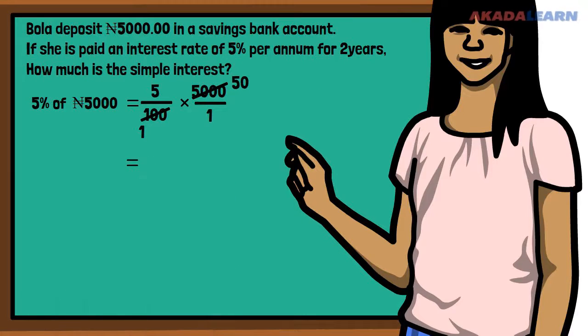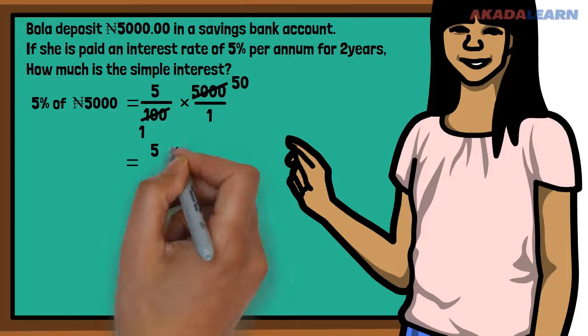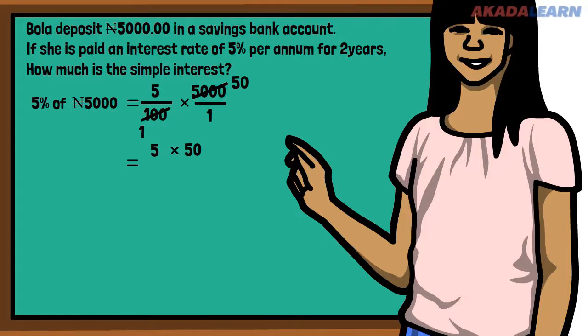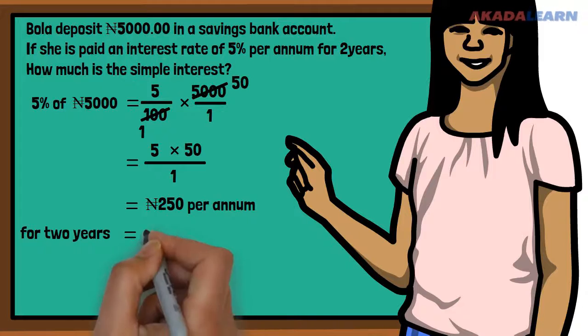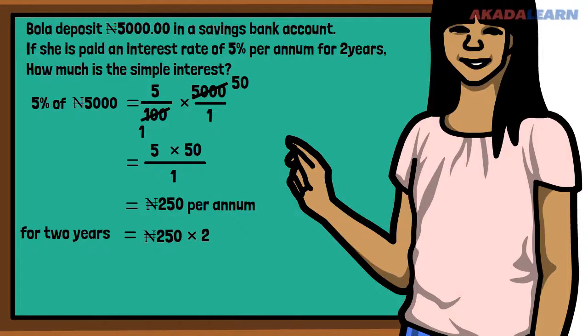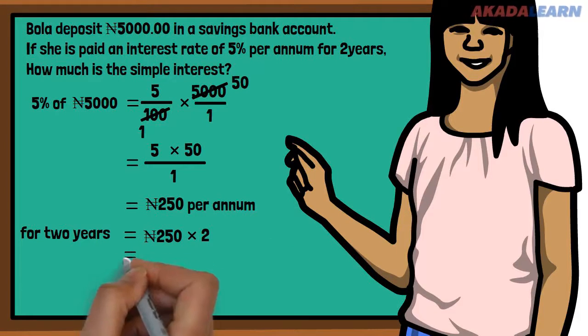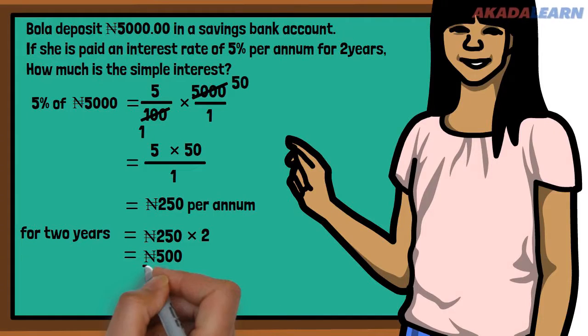So it equals 5 times 50 over 1, which is 250 naira per annum. So for 2 years, that'll be 250 naira times 2, which is equal to 500 naira. And that's your final answer.